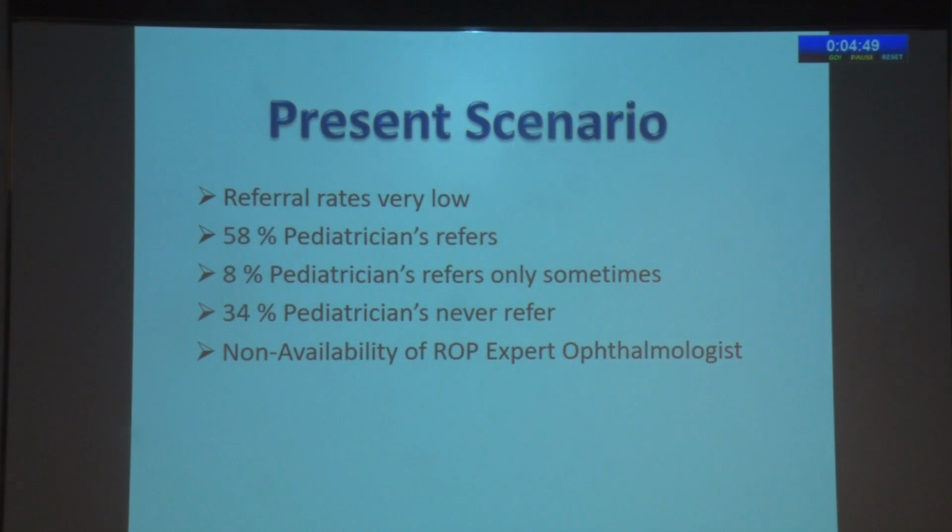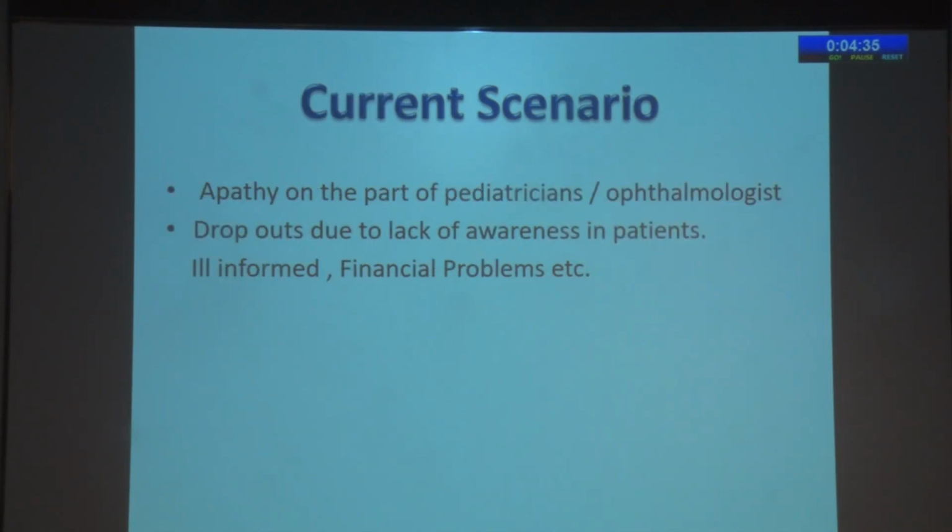And the referral rate is very low. 58% of pediatricians refer, 8% refer only sometimes, 34% never refer, and there is non-availability of ROP experts among ophthalmologists. So there is apathy on the part of pediatricians and ophthalmologists, and there is a dropout rate because of the lack of awareness in patients also.